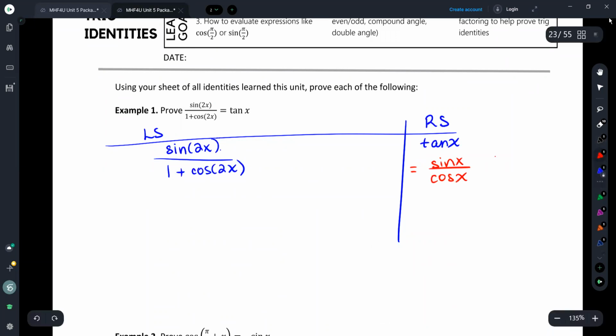Okay, and then we have a couple of double angle identities, which we looked at last week, which are sine of 2x and cos of 2x. And we need some identities for those ones. So I want you guys all to look at your identity sheet, and I need an identity for the sine of 2x. What would I use?